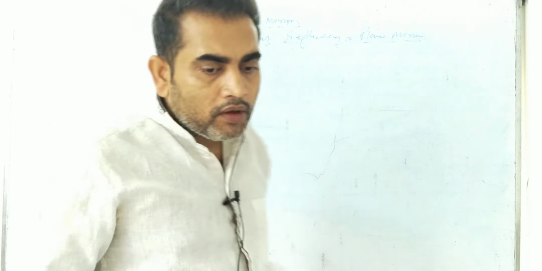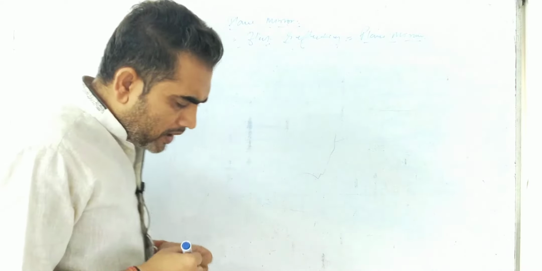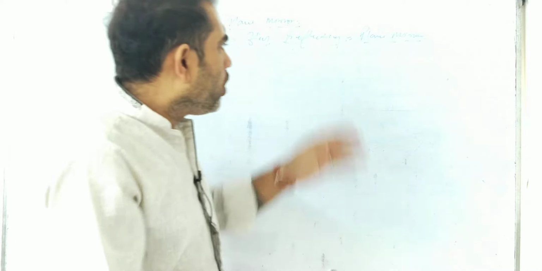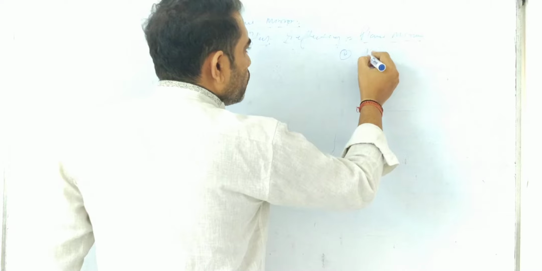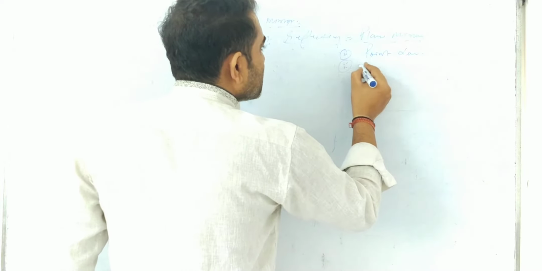So now today we will understand how the plane mirror forms an image, the formation of image by the plane mirror, and there are two categories of the formation of the image by the plane mirror. One is the point source and the other is the extended source. So two kinds of image formation we will learn today, and how to do the ray diagram of the plane mirror.